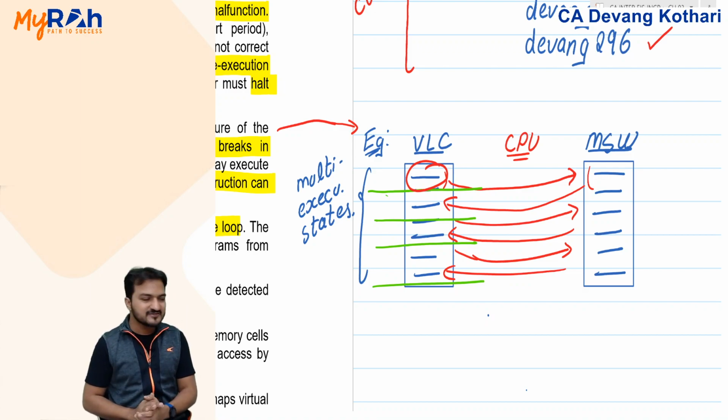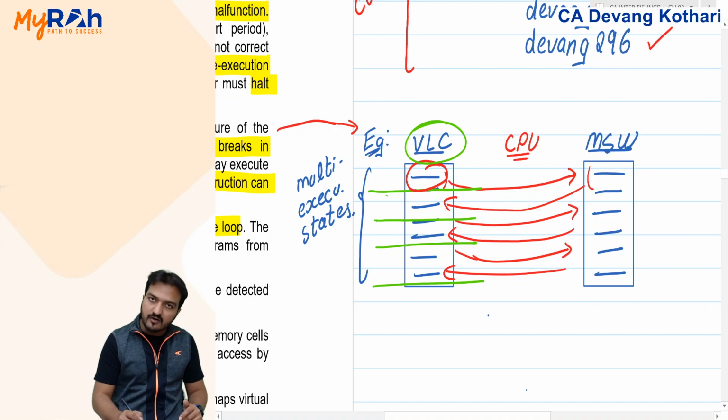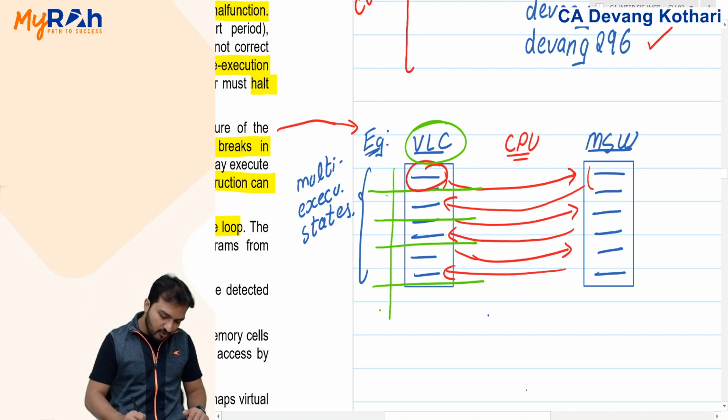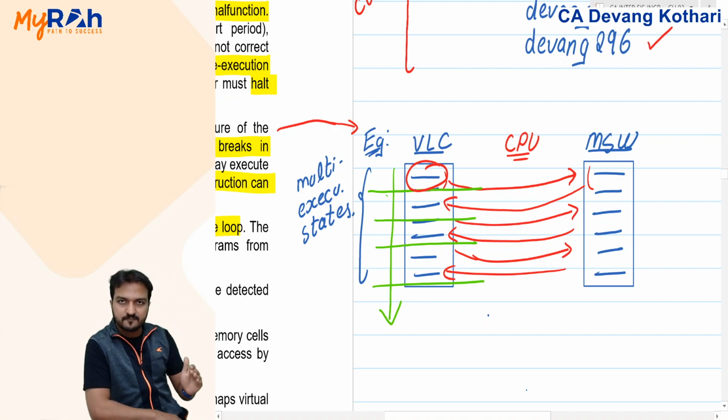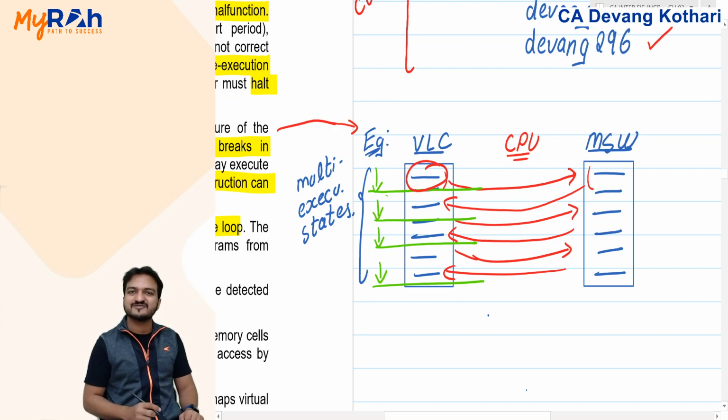Now when this happens, the CPU performs multiple execution stages. You see that all instructions of VLC were not processed in one shot. Rather, a few instructions were processed, then other instructions, then other instructions, then other instructions.